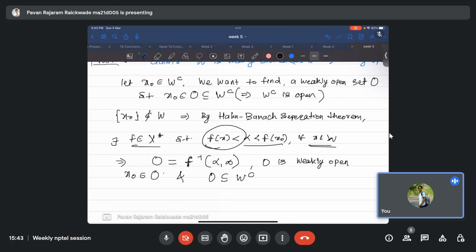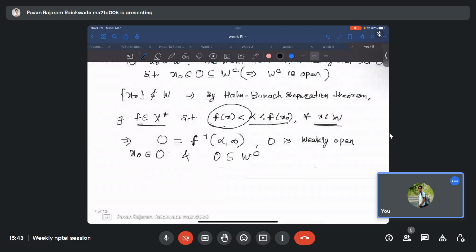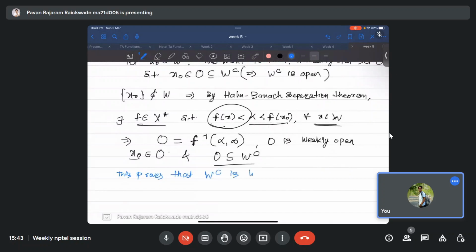So we got a weakly open set containing the point x naught and contained in W complement. That proves that W complement is weakly open, that is, W is weakly closed.